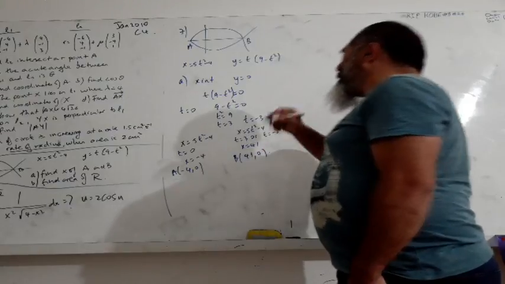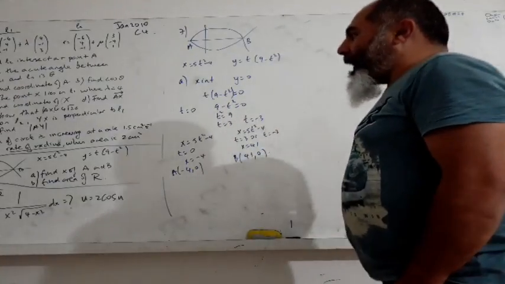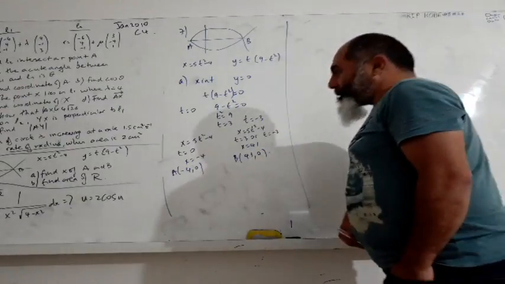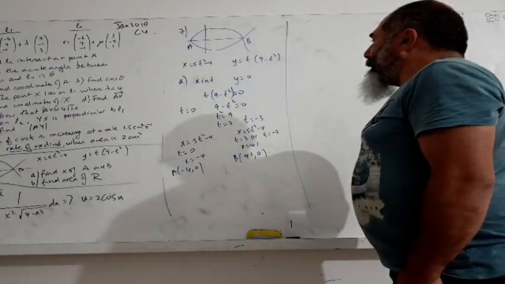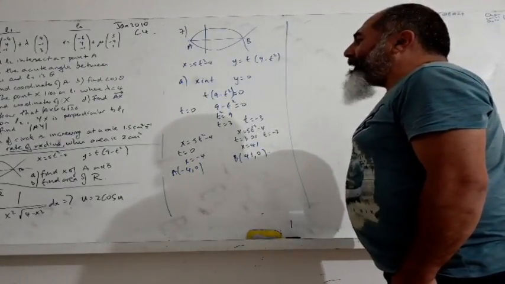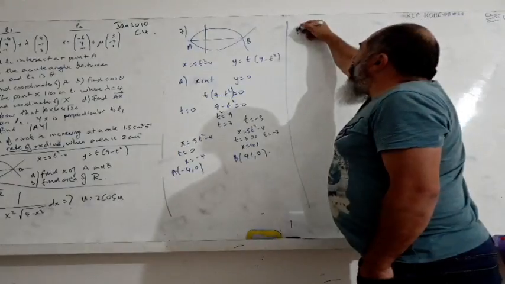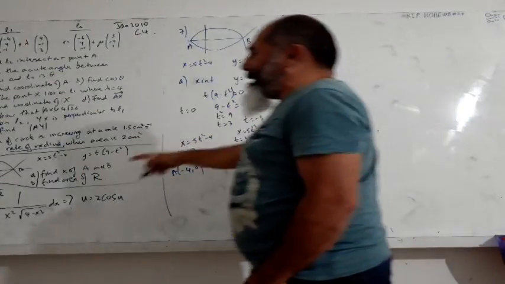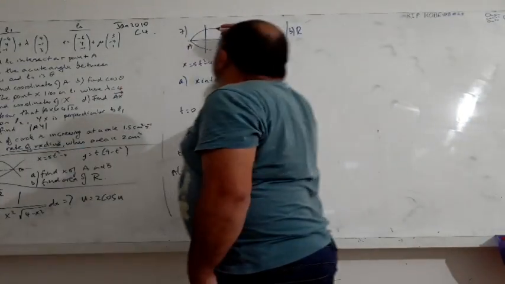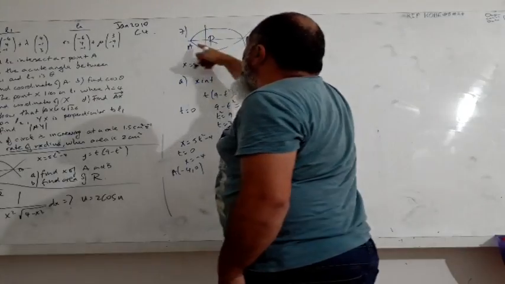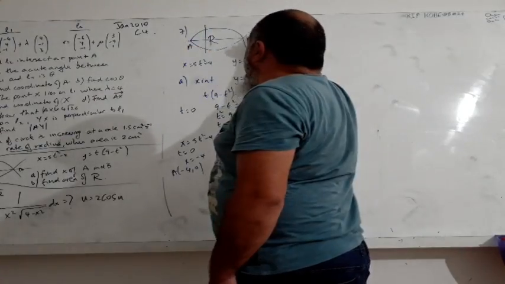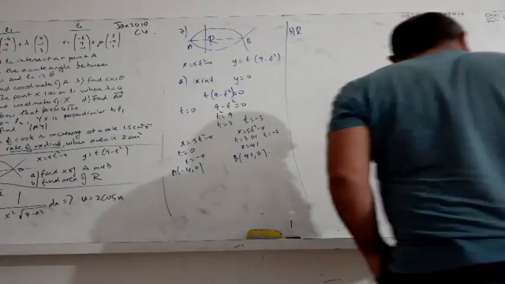Part A. Now we have to find the area of the region R. This is the region R between 0 and 3, or 0 and minus 3.